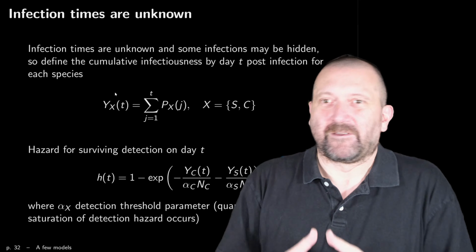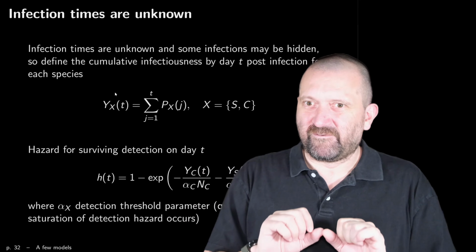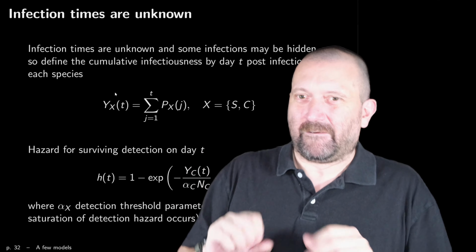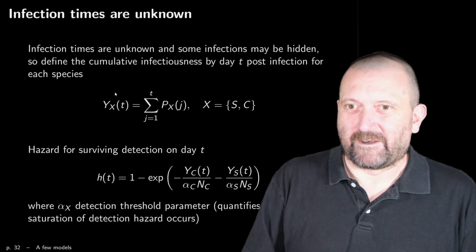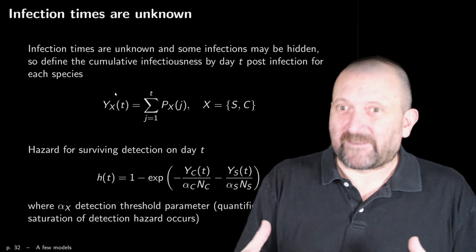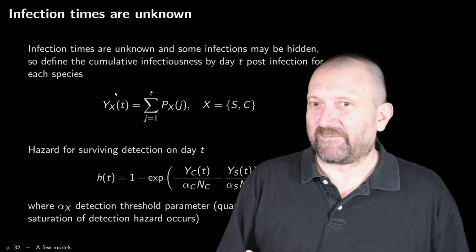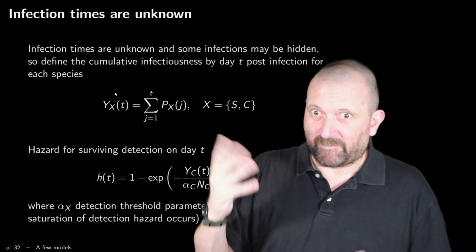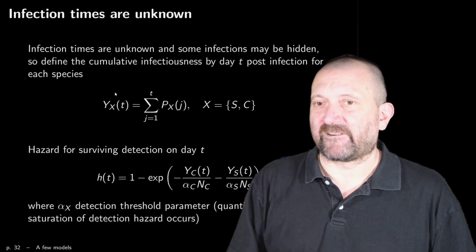We can assume what they are, but their model is used very much in looking at the data from the 2001 epidemic. So in that context, they don't know when the animals became infected. Okay, and also there is the problem that I was just talking about: the fact that some infections might not be noticeable.